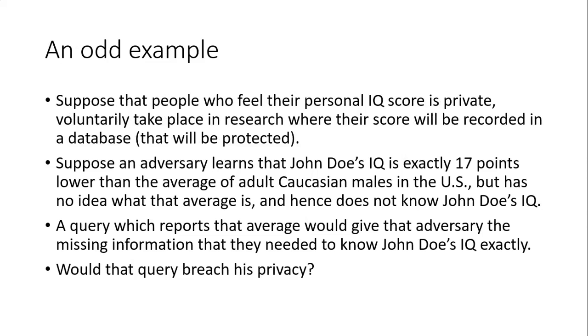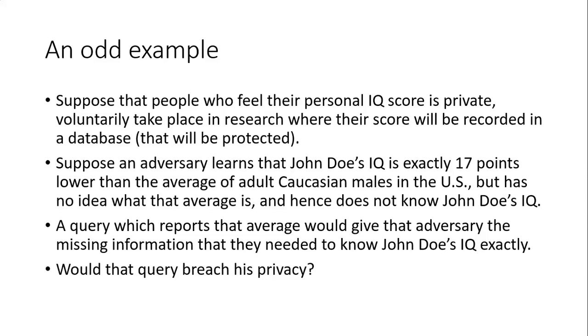So imagine that you have something like IQ score that people feel is a private piece of information about themselves that they don't want to be made public. But you have people who are willing to voluntarily take part in research where their IQ is recorded and put into a database that needs to be protected. So if an adversary learns that John Doe's IQ is exactly 17 points lower than the average of adult Caucasian males in the US, that's the auxiliary information.